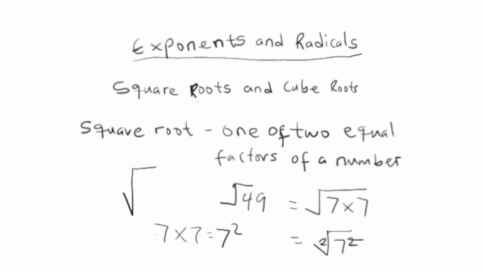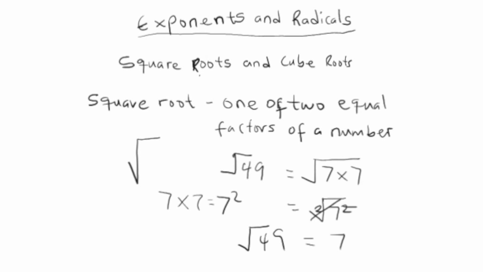So this 2 is going to cancel the square root, and it's going to be 7. So the square root of 49 is 7.